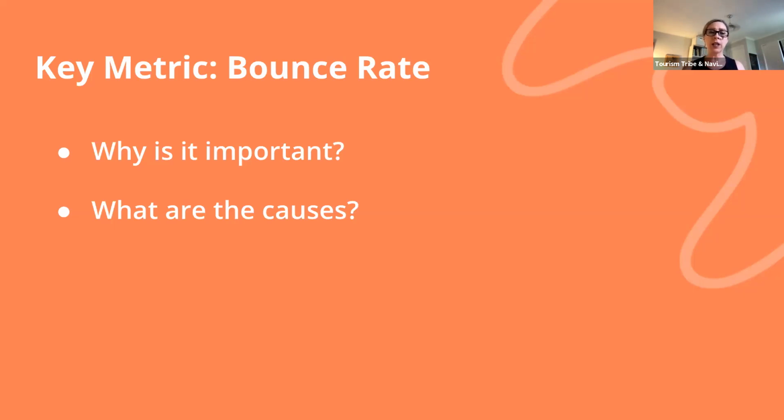But generally speaking, if you average it out, looking at data over 3 months or so, getting it down to 40 would be great. If you've got a business to business website, then you'll see that the industry average is probably above 50. So it really does depend on your industry sector.